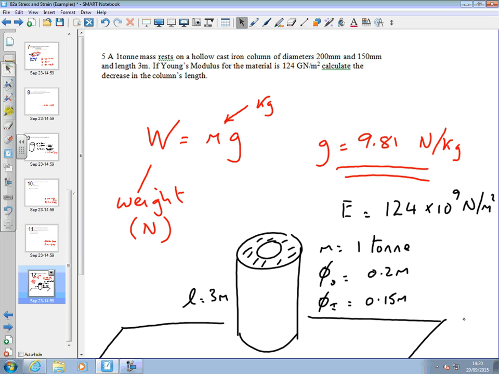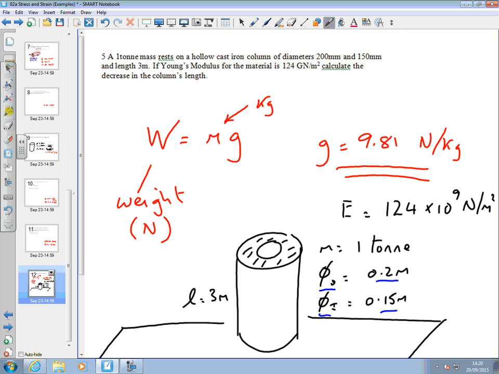So let's have a look at number 5. I've sketched it out and put the information on. So let's have a look at the question. Got a 1 ton mass. That's this hollow cylinder here. And we've got an outer and an inner diameter, which I've converted to metres.